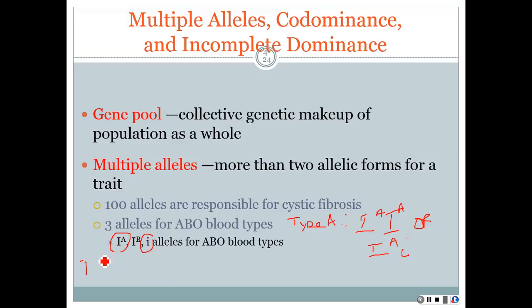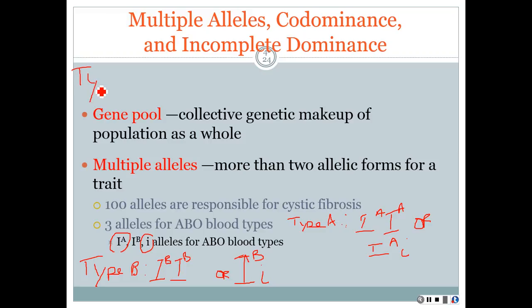Now, if you were type B, type B blood, what would you have? You will have IB IB, or you will have IB and lowercase i. All right. Let's move over here.